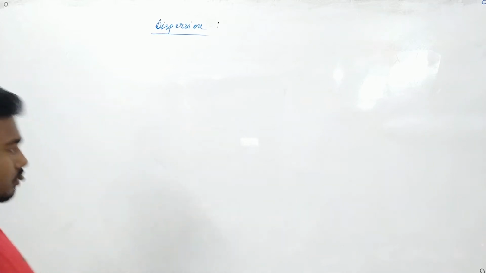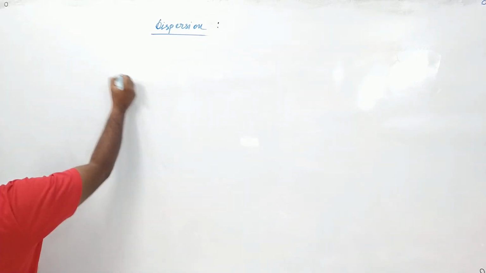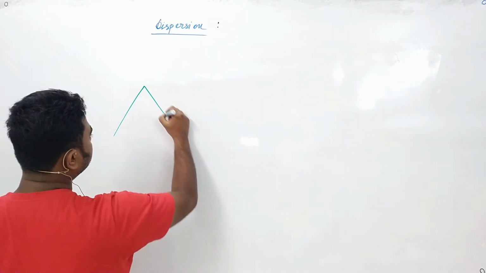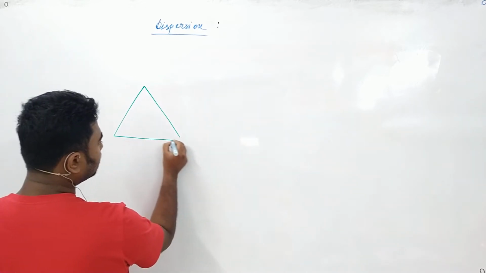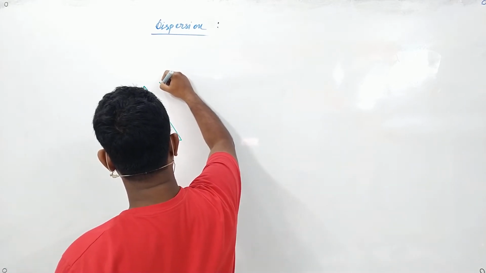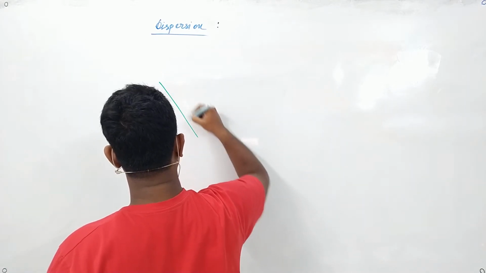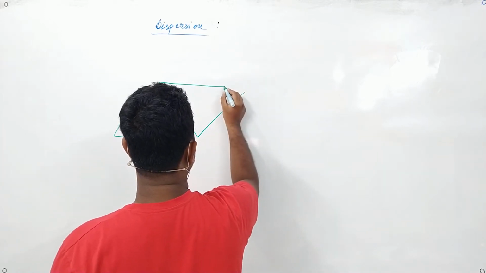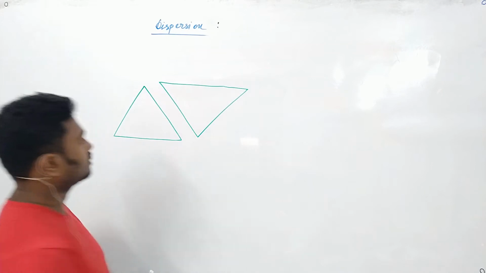Okay, now let us assume that we have a prism like this and we have another prism parallel to it, like this.